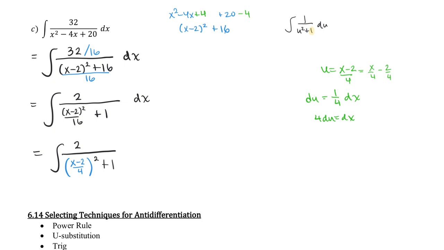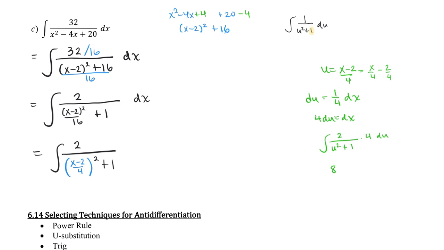Okay, now if I rewrite this in the integral, now what is this? This is u squared plus 1, which I wanted, and then I have times this extra 4, and then I have this du out here. So what do I get from this? 2 times 4?